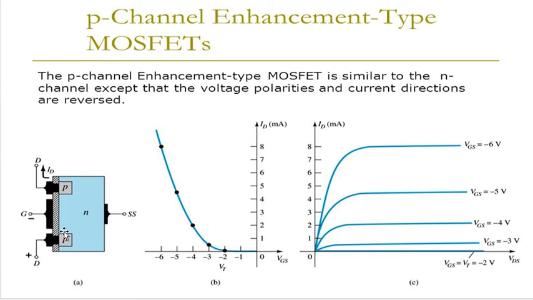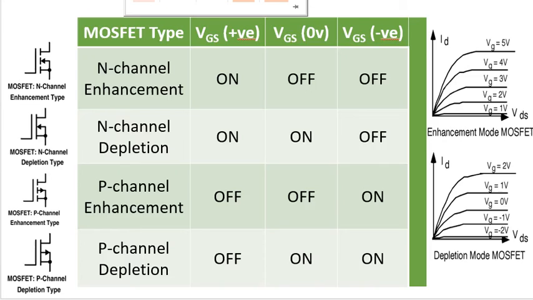First the channel will be induced and then it will turn on. And for conduction you have to connect the drain and source terminals to the voltage source.